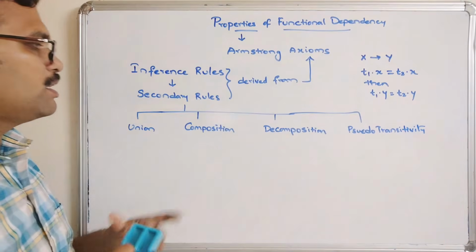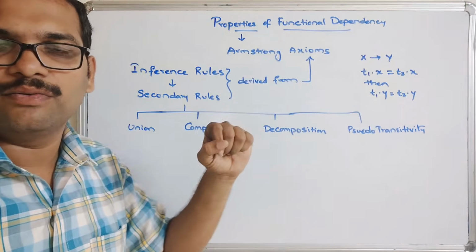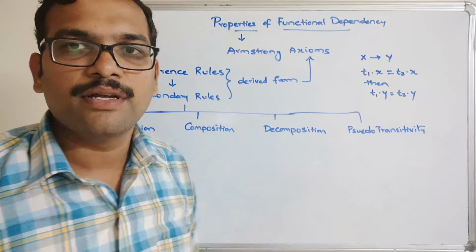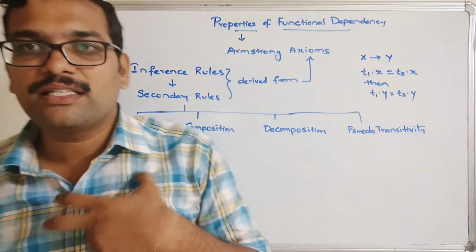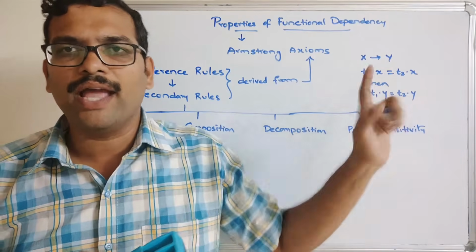These 4 are the inference rules which are derived from the axioms. Hope you understood these properties of functional dependencies, which we also call Armstrong axioms.